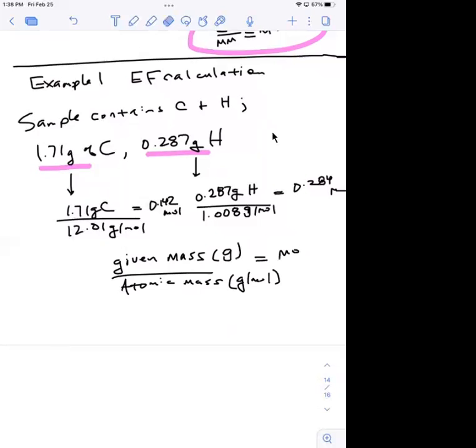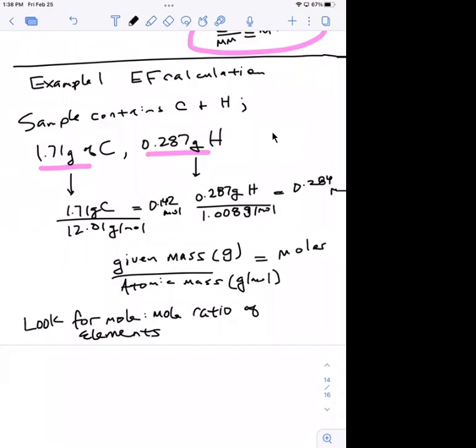Once we find the number of moles, there's another step to this calculation, because what we're trying to find again is the mole ratio. We're looking for the mole to mole ratio of the elements.